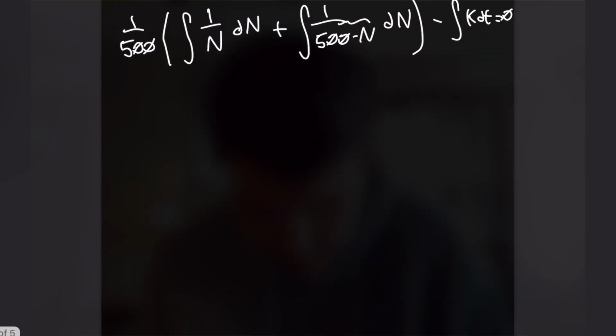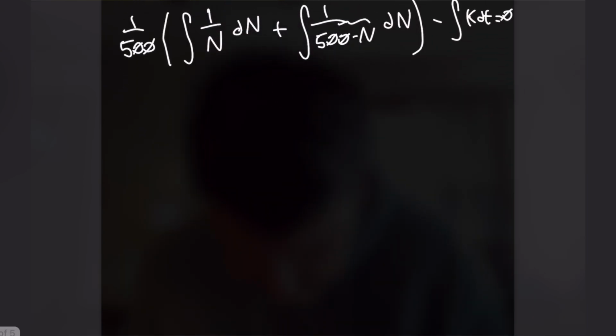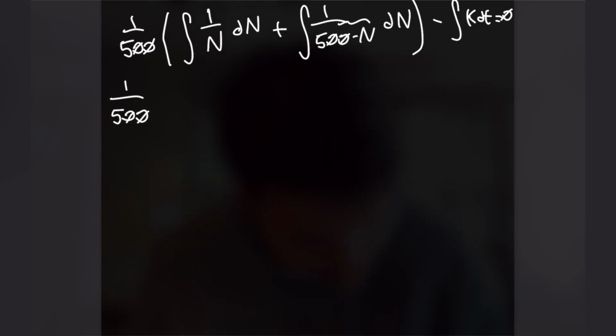And all of these integrals are very easy to evaluate. So what we'll be left with is 1 over 500 times the natural log of the absolute value of n plus the natural log of the absolute value of 500 minus n. And that's going to be minus kt is equal to some constant c.